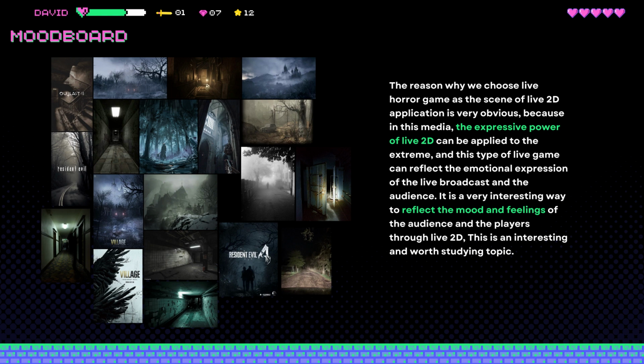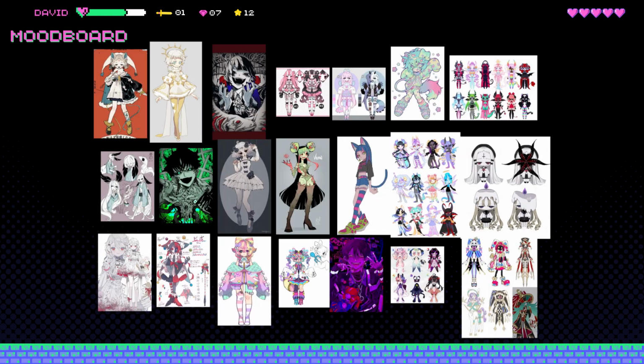This way you can clearly see the emotion change of the character. This is a very obvious way to express the emotion of the character to the audience and the player. And also through this mood board, you can feel the horror feeling and which background we want to use in our project.